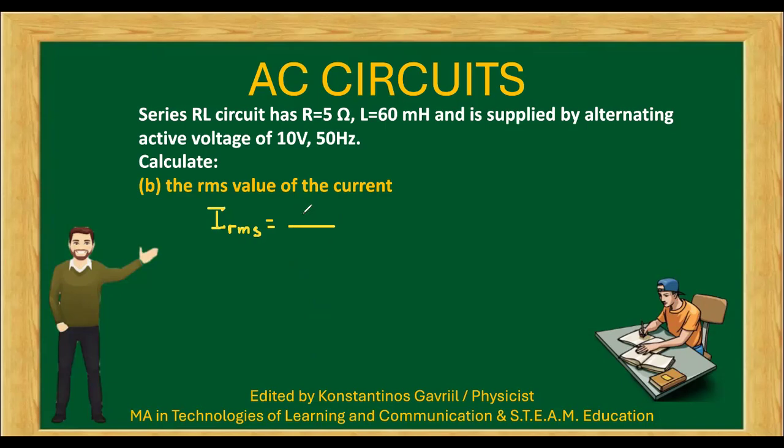I will use Ohm's law, where we have VRMS over Z. We have already calculated the voltage is 10 volts and the Z is 19.6, which is almost 20. So we can see that it is almost 0.5 amperes. We make some roundings in order to simplify our calculations. So 0.5 is the IRMS.